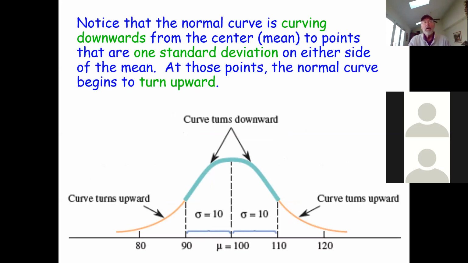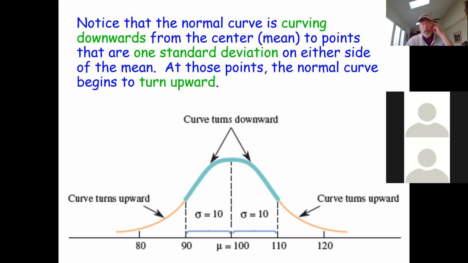This is obviously a normal distribution. It's symmetrical, and it has a mean of 100 and a standard deviation of 10. If you see sigma and mu, then you know that this is a population distribution. So we're working with a population here.